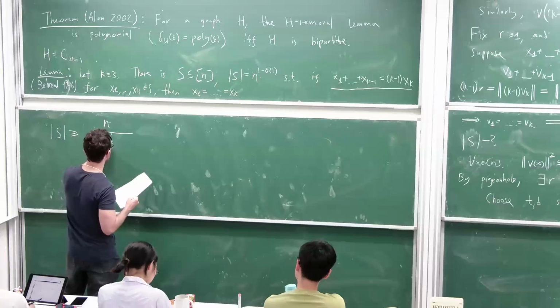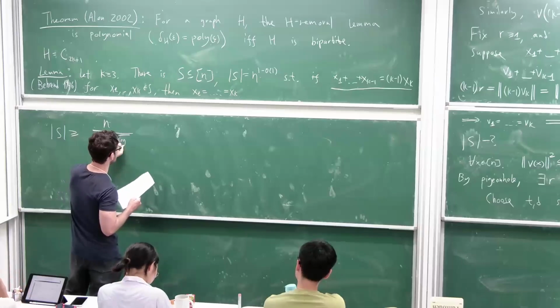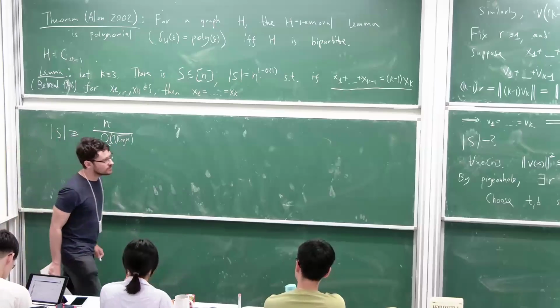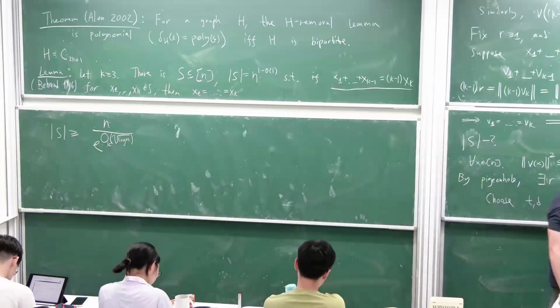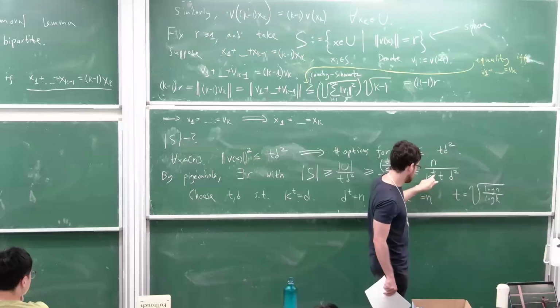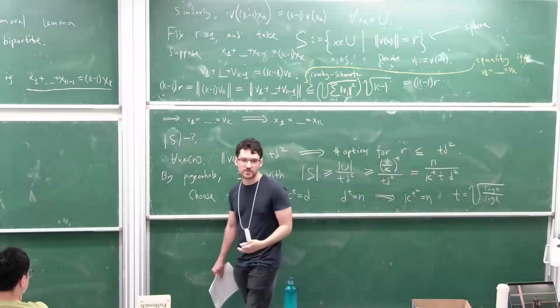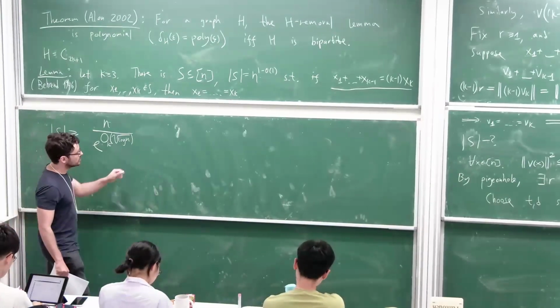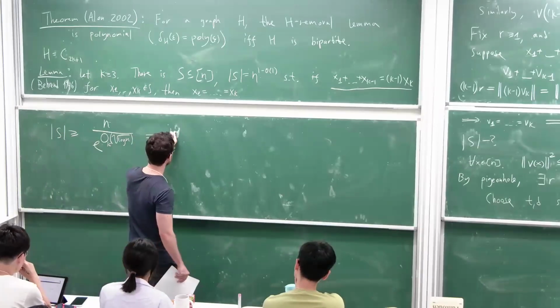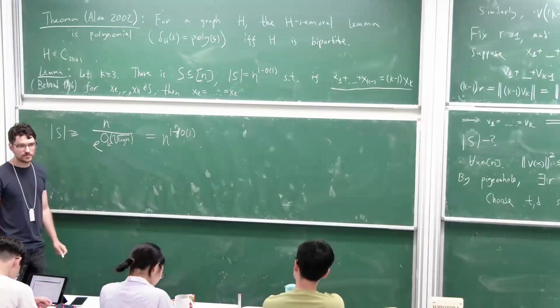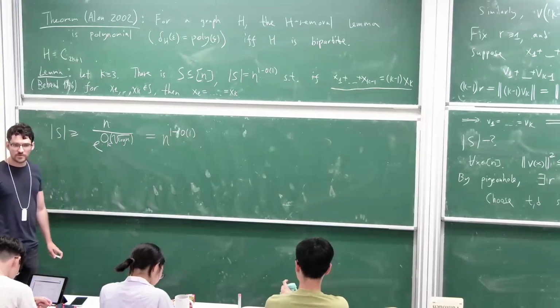So there is a constant here depending on K, and here we have square root of N. Because what we have here is K to the T. This is something like E to the square root of N. And we also chose the parameters such that this number is roughly equal to that number. We just have another function. Now this is N to the 1 minus integral. Any questions?